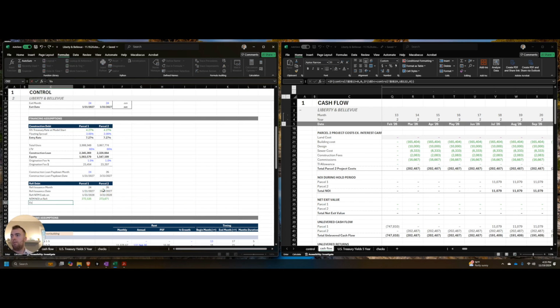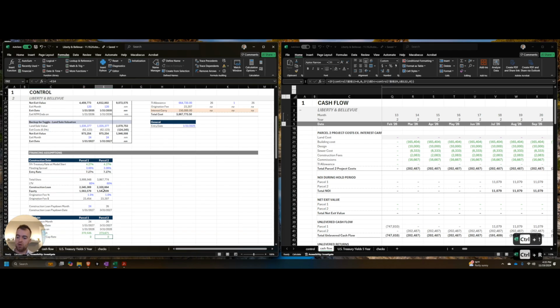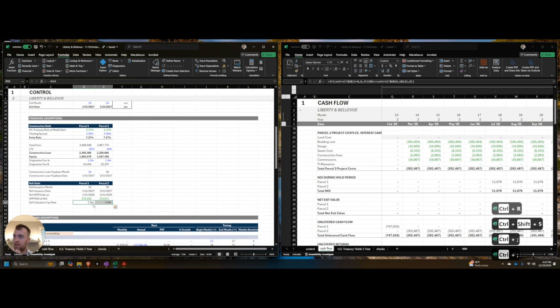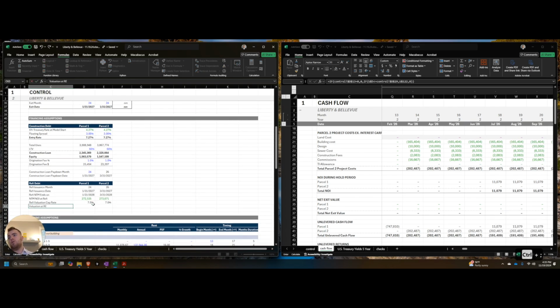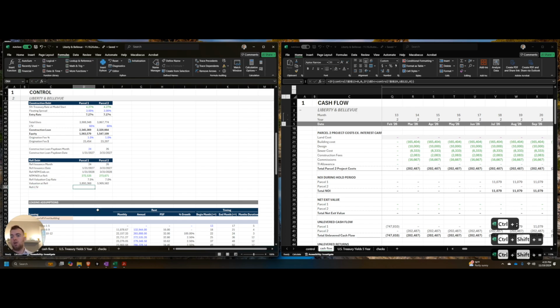And then I'm just going to use the same exit cap rate for the refi valuation. Refi goes to that over that. And then refi LTV, 80%. This is just based on proceeds from LTV.